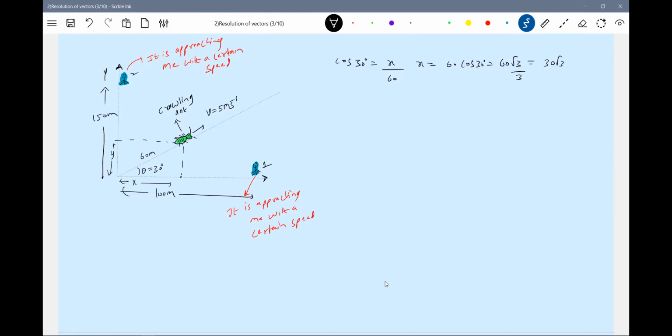Root 3 is 1.7, so it will be 51 meters. Then similarly, sine 30 degrees equals y by 60. So y equals 60 sine 30 degrees, which should be equal to 30 meters.